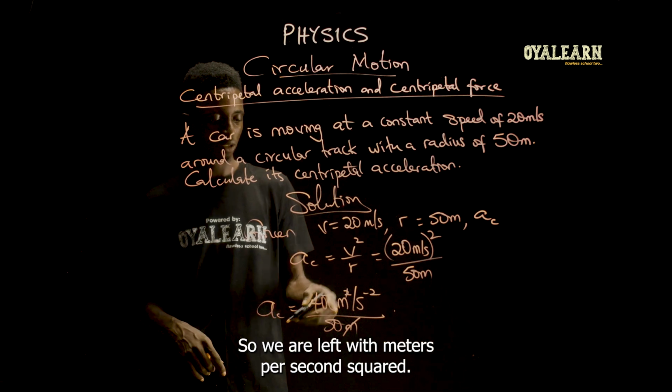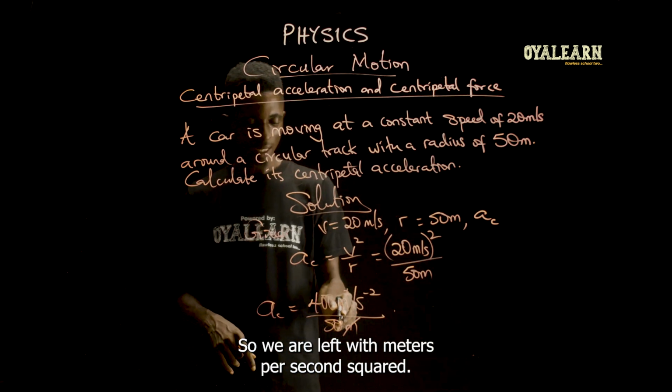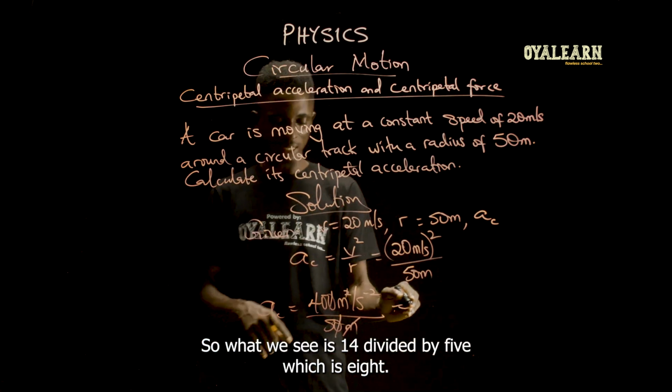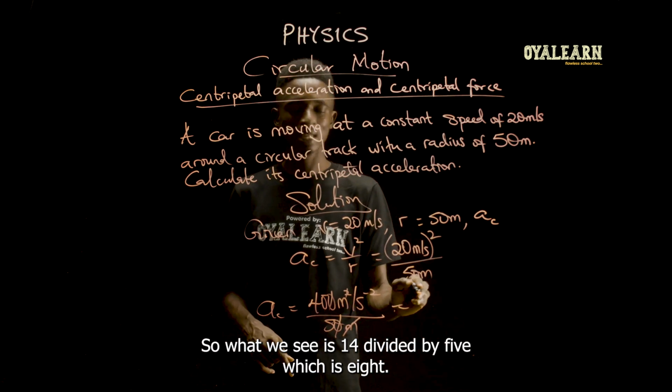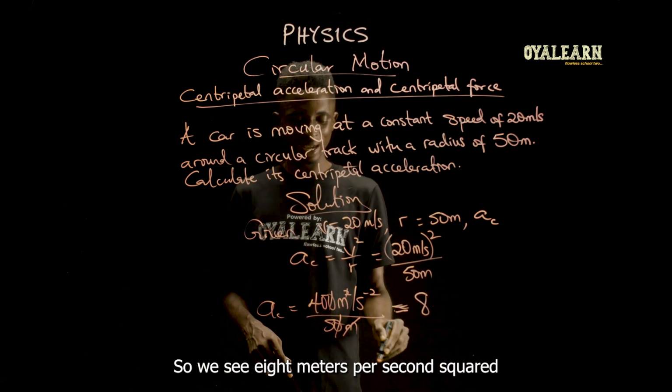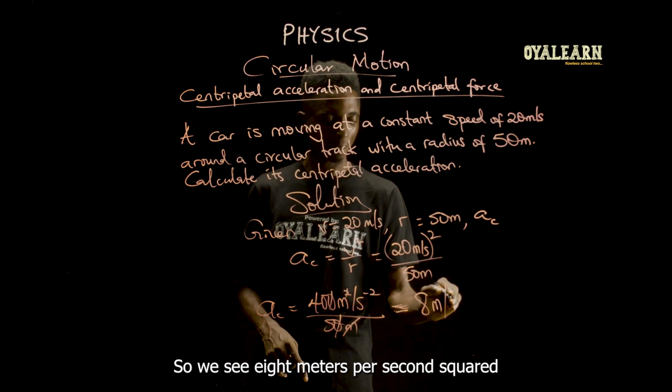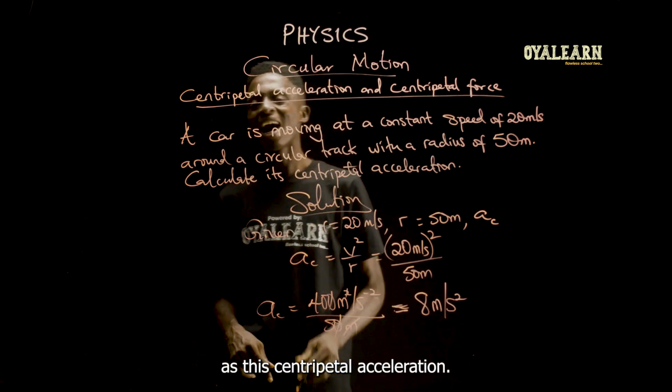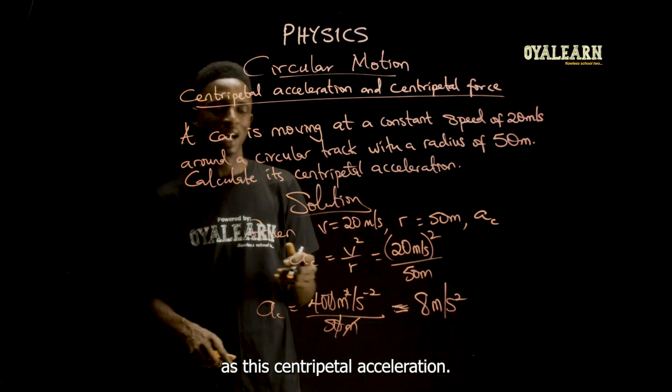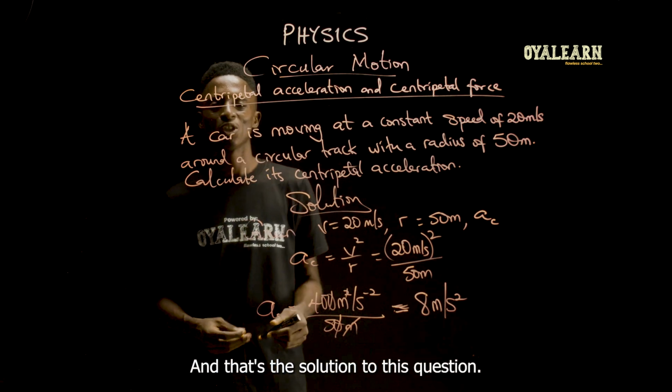So meters here, we are left with meter per second squared. What we see here is 40 divided by 5, which is 8. So we see 8 meters per second squared as the centripetal acceleration. And that's the solution to this question.